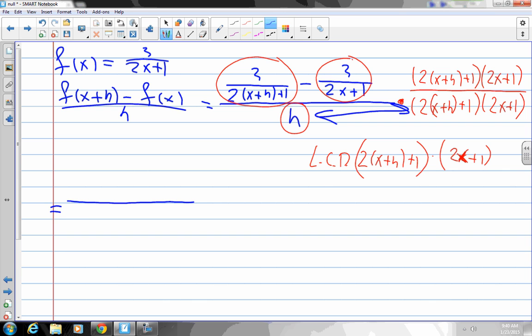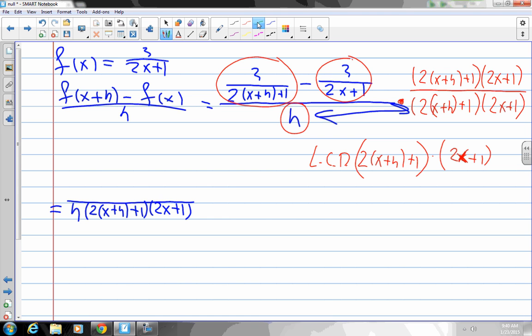The denominator is h times 2 times x plus h plus 1 times 2x plus 1.